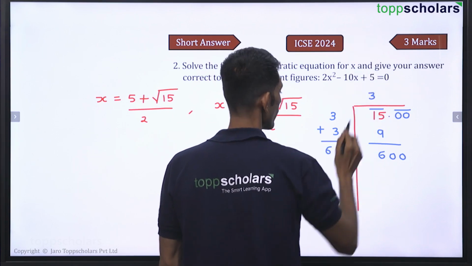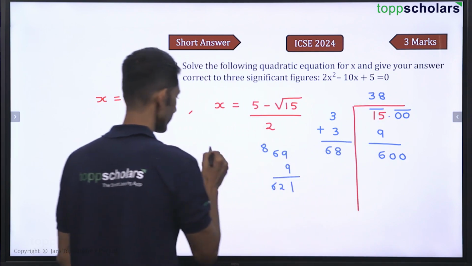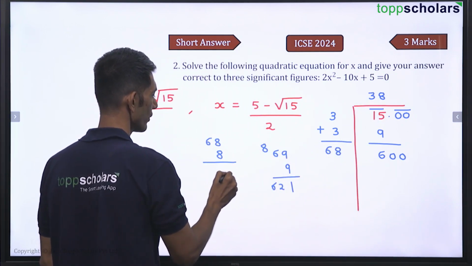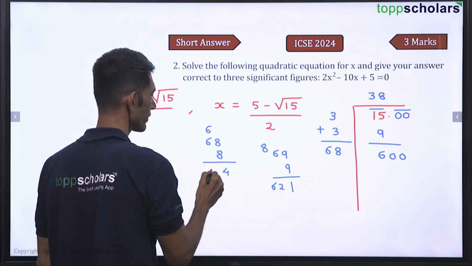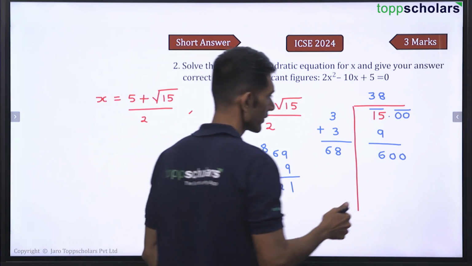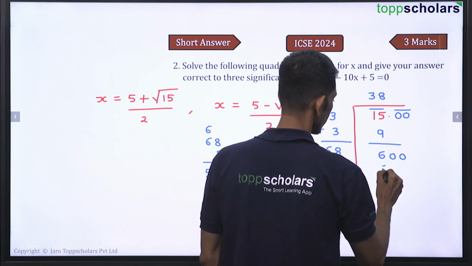68 8s are one number behind. 68 8s are, let me see. So 8 8s are 64, carry 6. 8 6 are 48. 48 plus 6 is 54. 544. This works well for us. So this gives you 544.